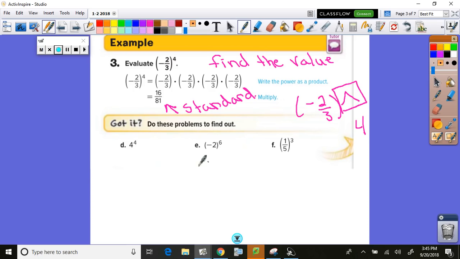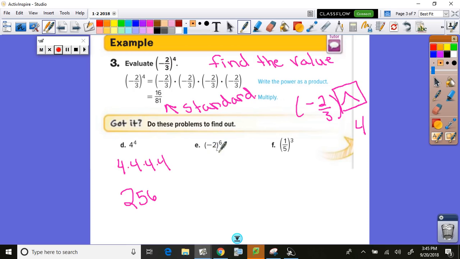and then come back. So 4 to the 4th means 4 times 4 times 4 times 4, which if I do 4 to the 4th on my calculator, it's going to tell me... I lost my calculator. There it is. Sorry about that. So 4 to the 4th is 256.